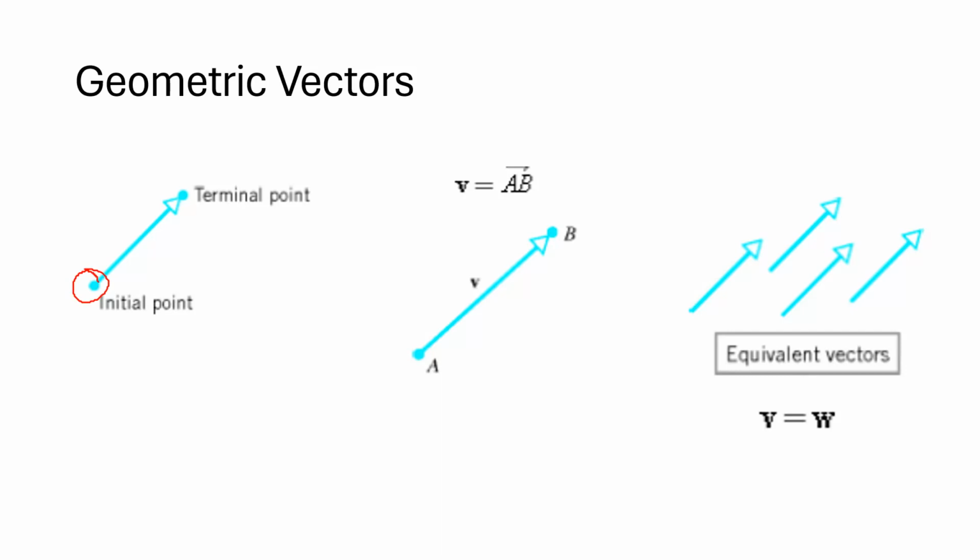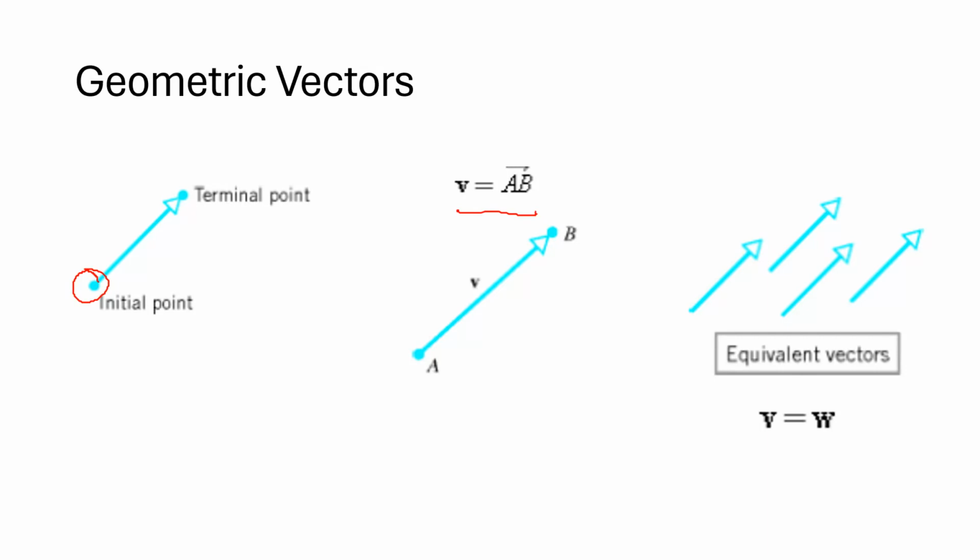So in this discussion, we will denote vectors in boldface, and we will denote scalars in lowercase italic type. Okay, when we want to indicate that a vector has initial point A and terminal point B, then we're going to write something like this.